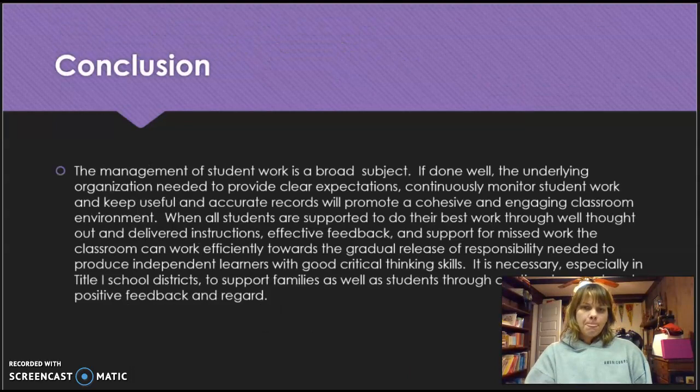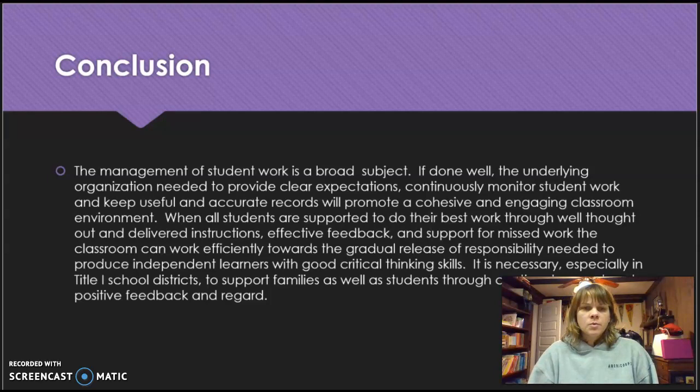In conclusion, the management of student work is a broad subject. If done well, the underlying organization needed to provide clear expectations, continuously monitor student work, and keep useful and accurate records will altogether promote a cohesive and engaging classroom environment.